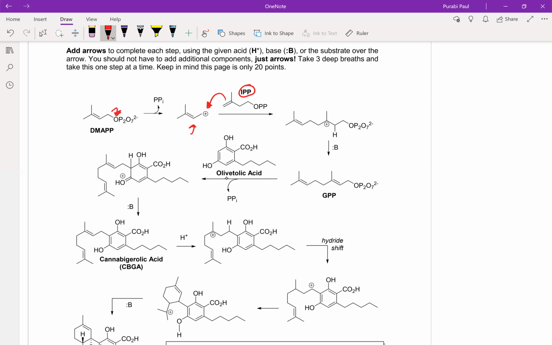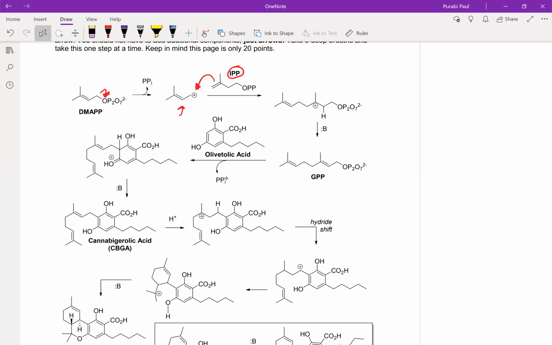So it makes this 10 carbon chain with this tertiary carbocation. And the next step is the base grabs the proton to make this GPP.